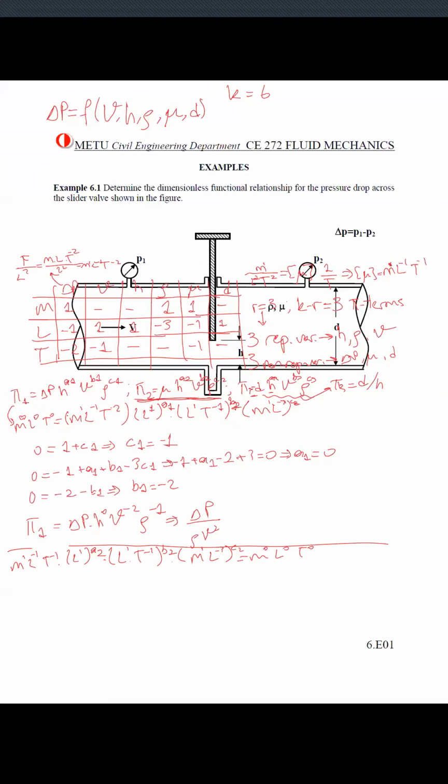If you write for M, we have 1 plus C2 equals 0. From here, C2 equals minus 1.